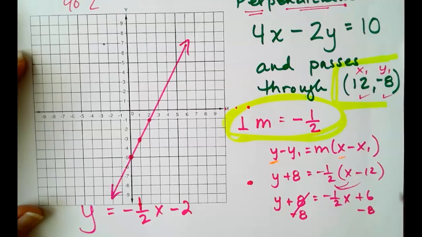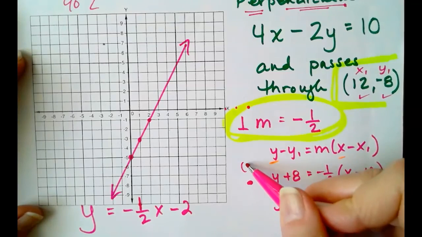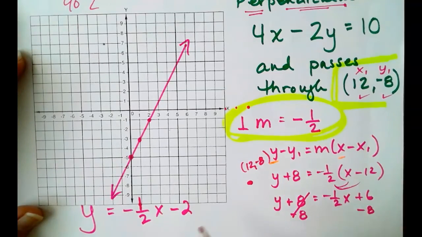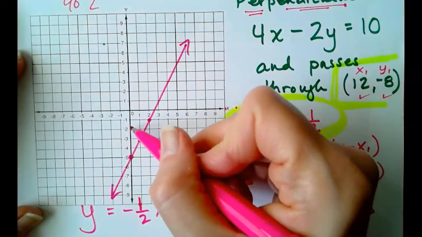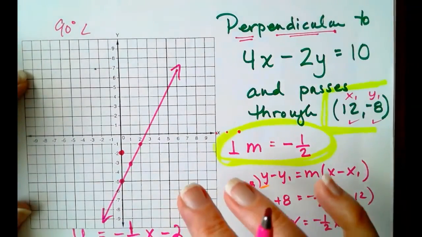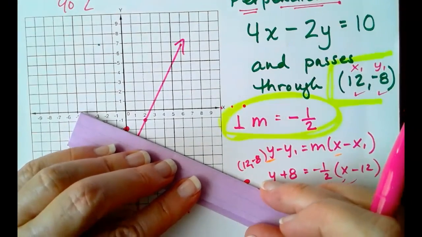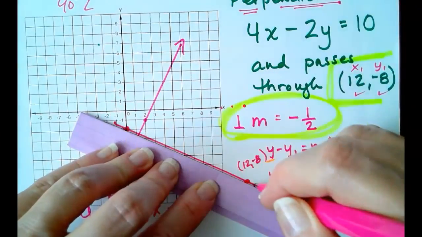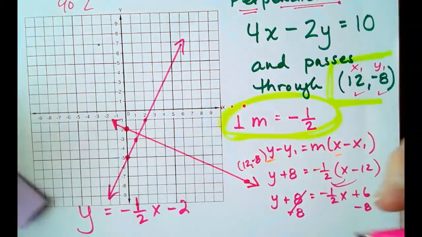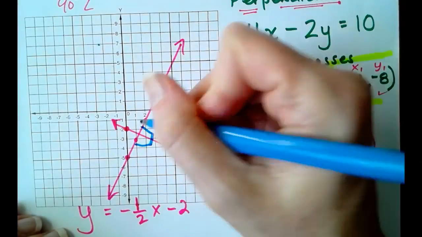So our new line that's going to start all the way out here at 12, -8 is going to have a y-intercept at -2, and it will be perpendicular to our given line. Perpendicular meaning it is going to meet to form a right angle. There we go.